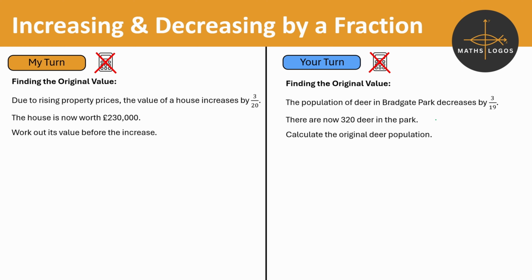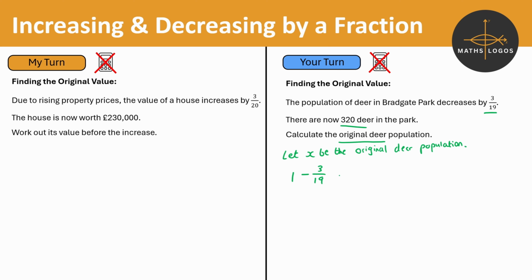The population of deer in Bradgate Park decreases by 3/19. There are now 320 deer in the park. Calculate the original deer population. Okay, let's say let x be equal to the original population of deer. We know that the original population of deer can be represented by 1, and it's been decreased by 3/19.